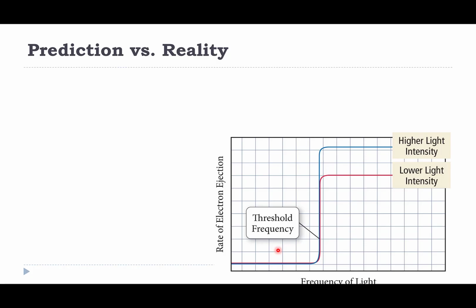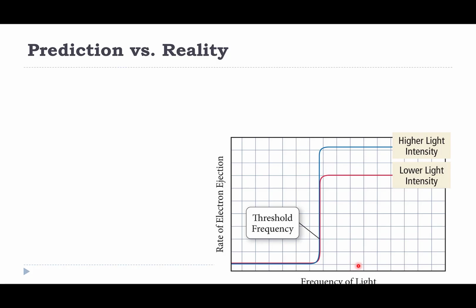So what happened? Well, we hit the metal with a ping pong ball. Then we hit it with a tennis ball. Then we hit it with a baseball, and all the electrons came off. Well, then we hit it with a basketball.